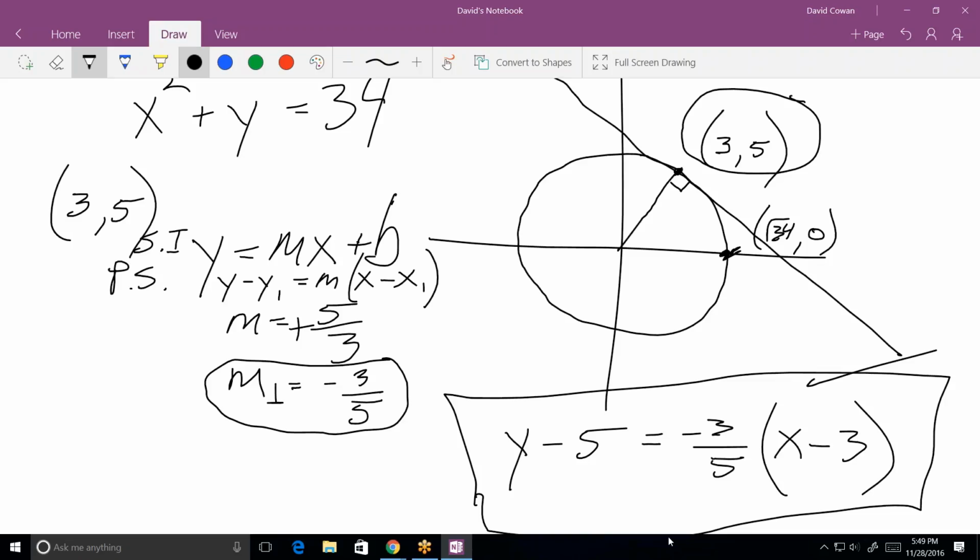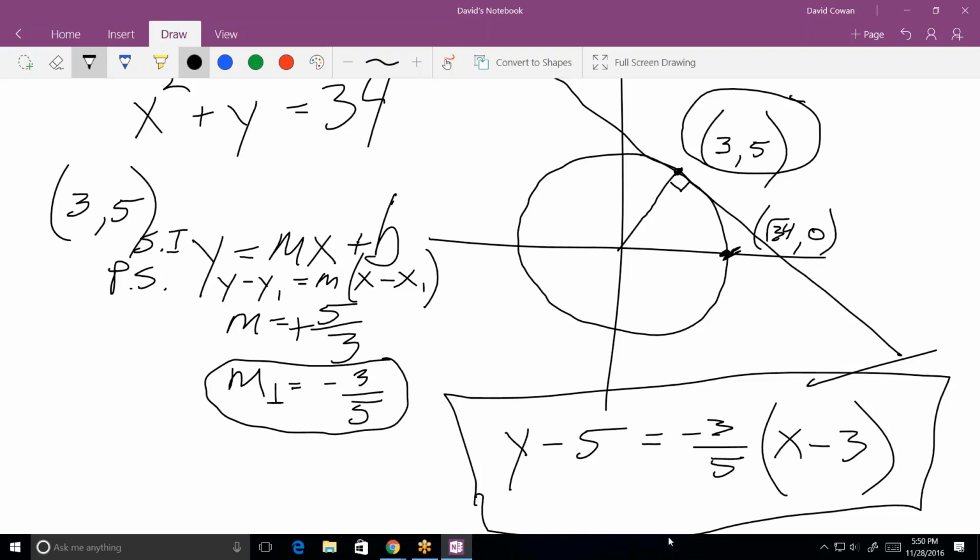But again, the same principles were involved on this problem as were involved on the last one, and that is that the tangent line is always perpendicular to the radial line. And that perpendicularity allows me to figure out the slope of the tangent line, because I know it goes through the origin, so I know what the slope of this radius line is.